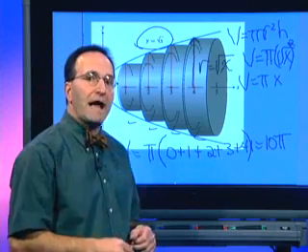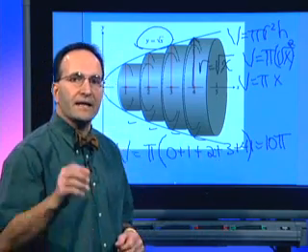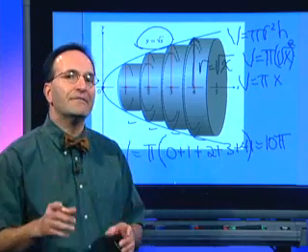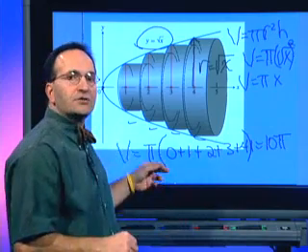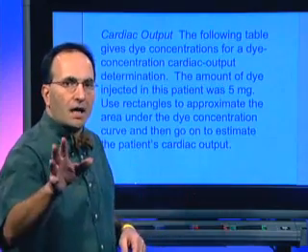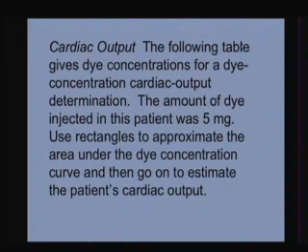Another use for the RAM method is in approximating the area under a curve given a graph and some numerical data. Let's try an example. It's called cardiac output. The following table, on the next slide, gives the dye concentrations for cardiac output determination. The amount of dye injected in this patient was 5 milligrams.